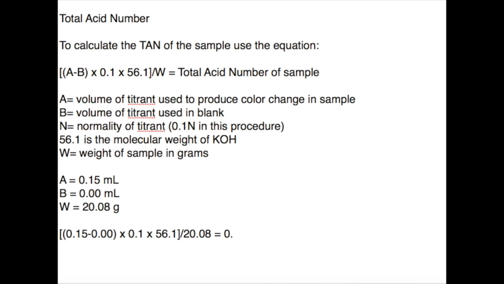This will give us the milligrams of potassium hydroxide per gram of sample. We got a total answer of 0.0419. After sig figs, that becomes 0.042, which is under the ASTM standard of 0.5.